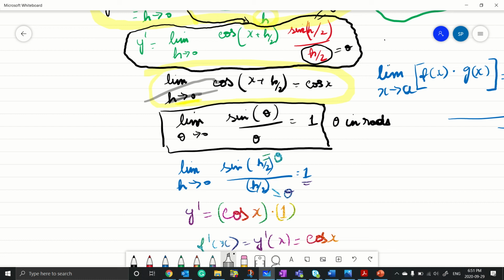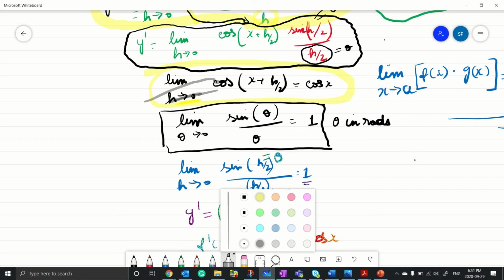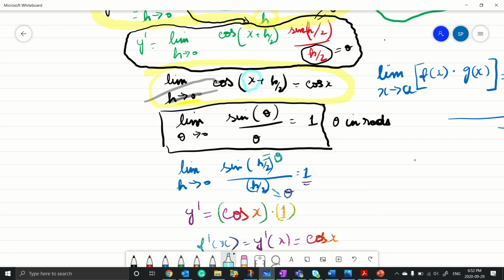When I apply that limit, my x will not change, but my h will change to 0, because I have the limit h tends to 0. So 0 by 2 is 0, so cos of x plus 0 is nothing but cos x, and that is what I have got here.